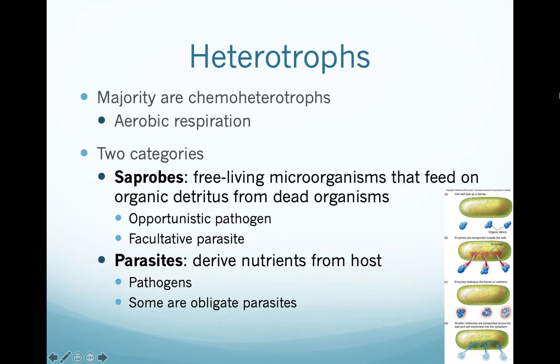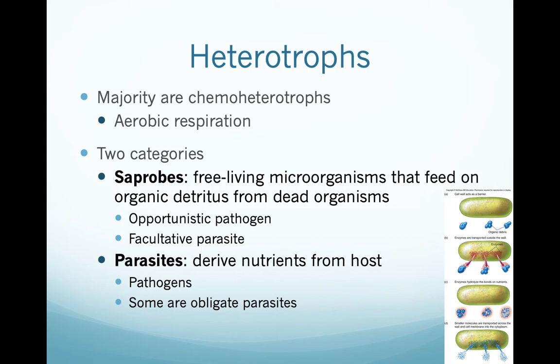Saprophytic microorganisms, which tend to be fungi and things like that, release digestive enzymes from their cells, or from their root system, which for fungus are called hyphae. Those digestive enzymes go out into the environment, break down whatever the organism is sitting on, and then they resorb that pre-digested nutrient.